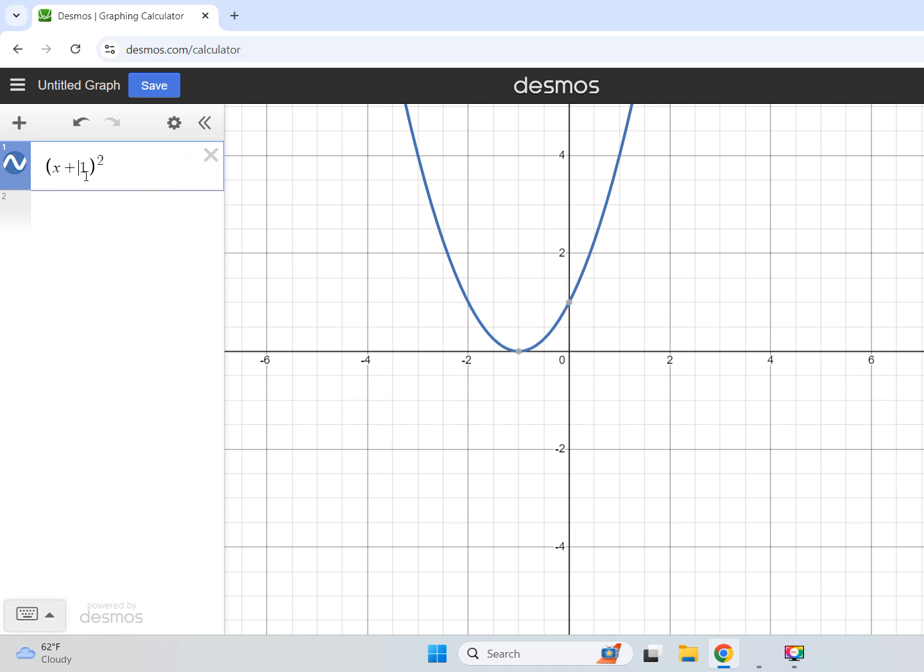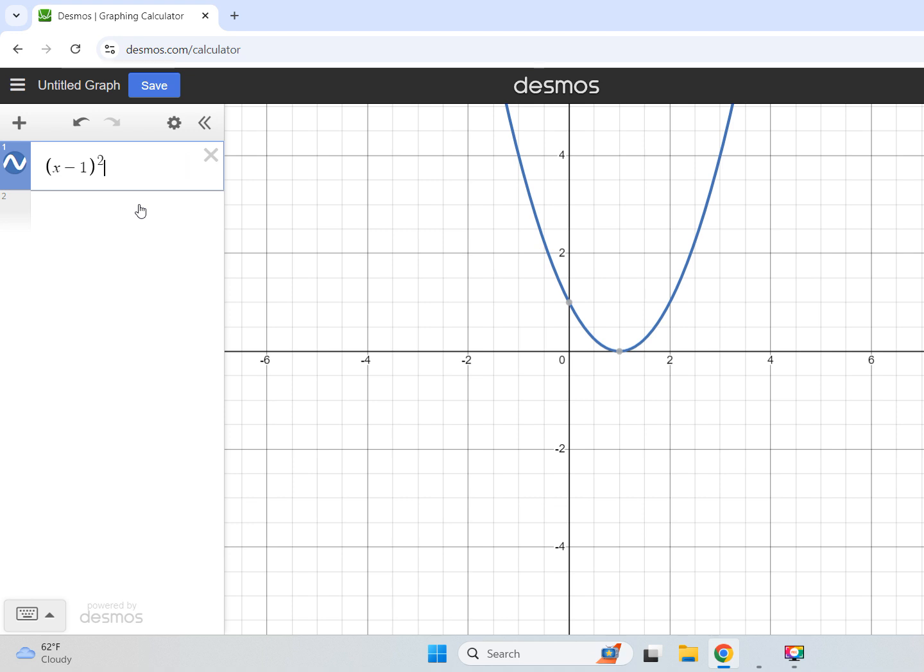Negative 1 in for x gives me 0, and 0 squared is 0, and that's why I have the point negative 1, 0 on the graph. All right, so to recap, if within the parentheses I do plus, that's a shift to the left. And if within the parentheses I do minus, like I just did, that's a shift to the right.